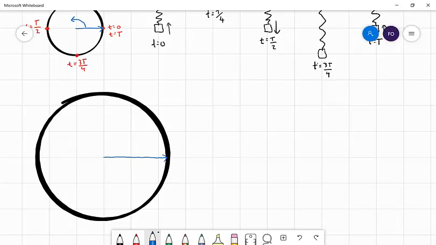And let's say we want to find out where it's going to be at a particular time. The first thing we can do is figure out how quickly the phasor is going to be moving, using an angular speed. So the angular speed of the phasor, well, we know that omega is equal to delta theta over delta t.